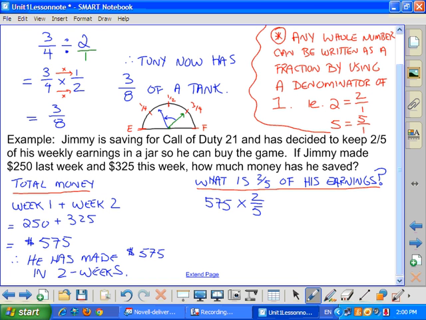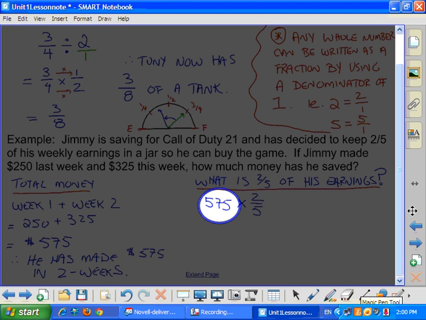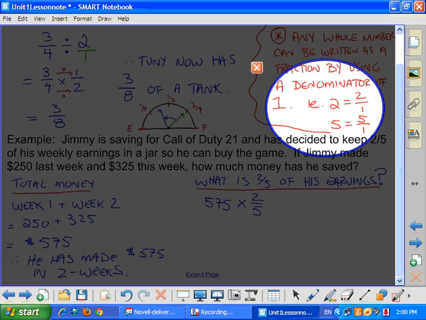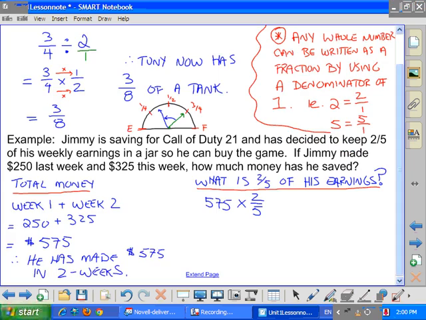Now, again, how do you multiply fractions? You multiply the numerators, multiply the denominators. 575 doesn't have a denominator. What do we do? You know how to do it. We just talked about it. You can make any number into a fraction simply by putting it over 1. So 575 times 2 and 5 times 1. So it's going to be over 5.